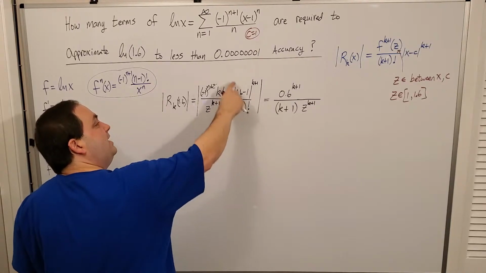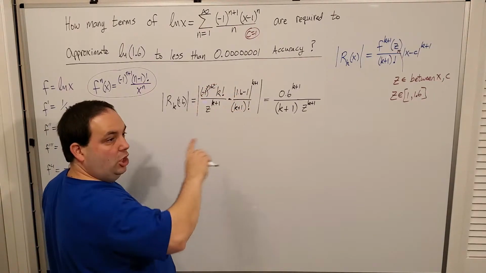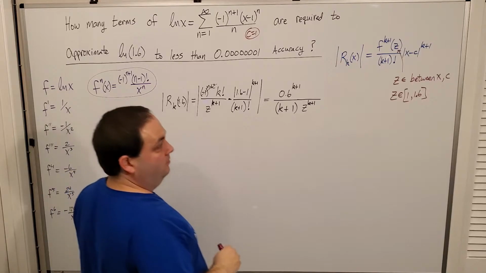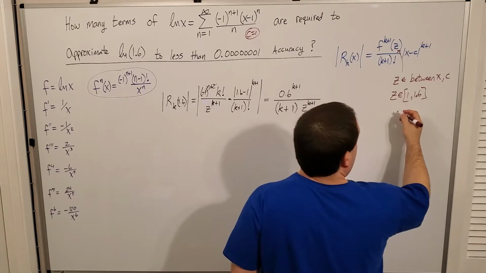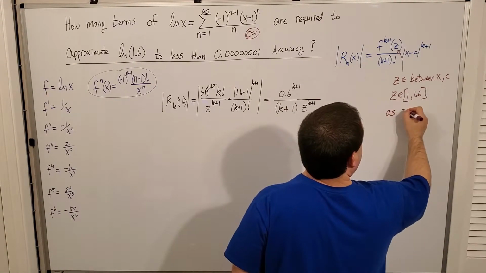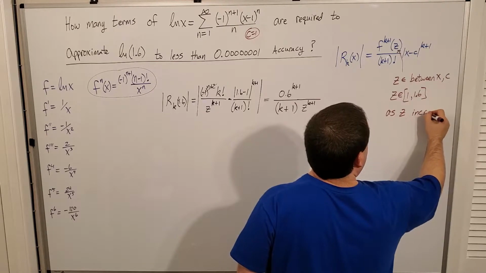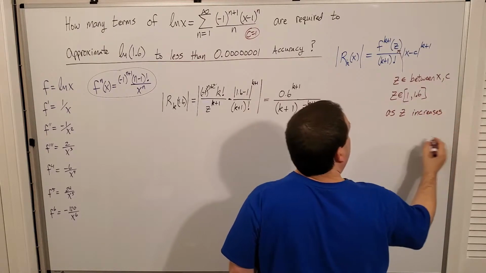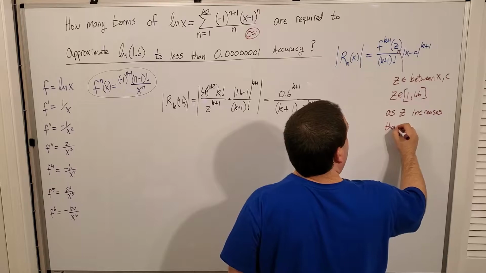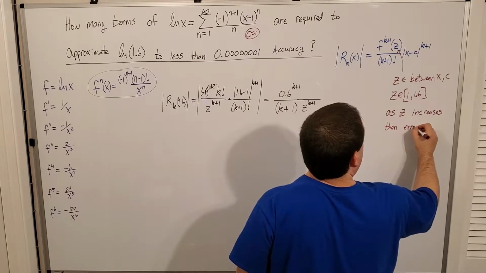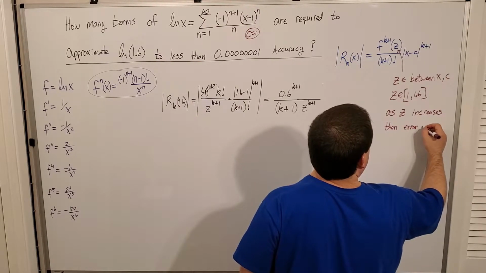That makes this a decreasing fraction the larger z gets. So as z increases, then error decreases.